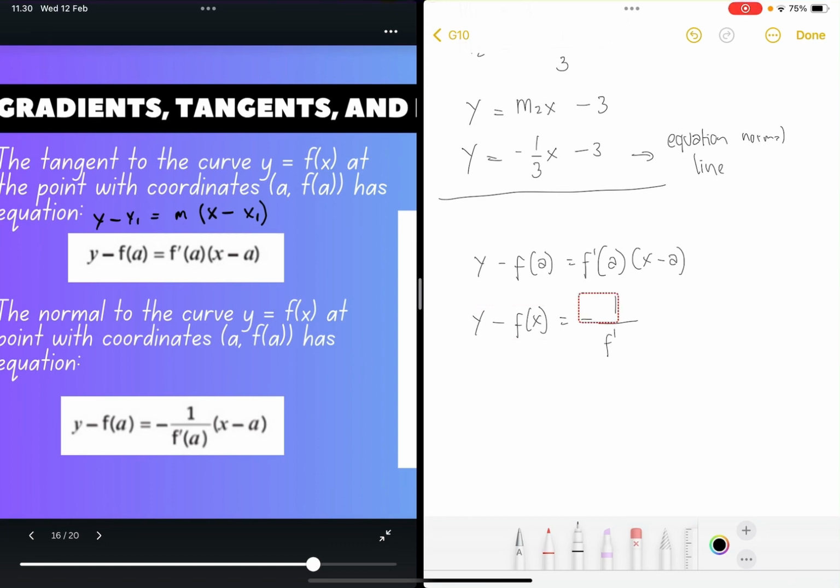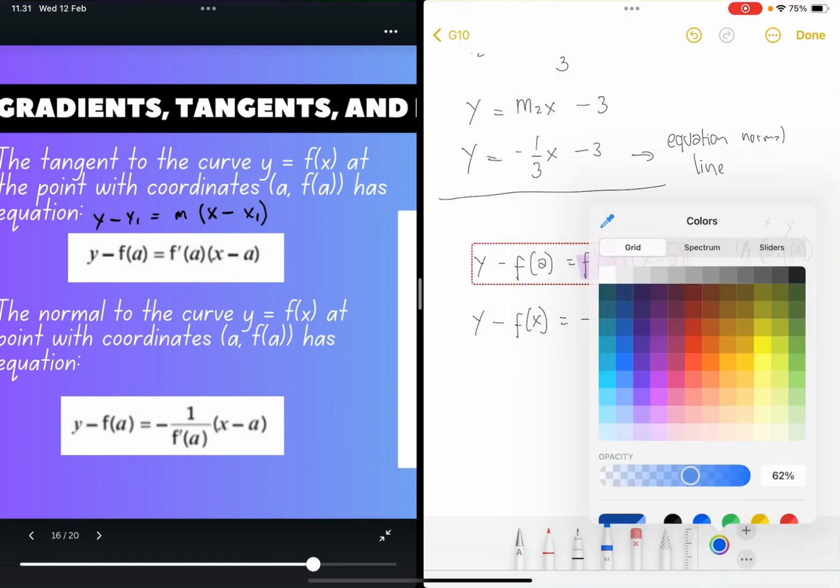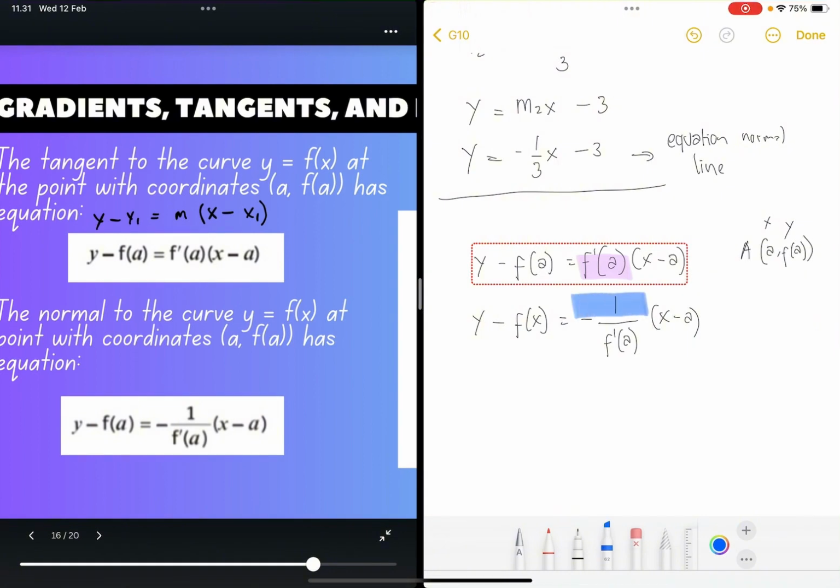The gradient will be minus 1 over f'(a), times x minus a, with the specific point a, f(a), like this. This is x, this is y. Okay, so this is the very important thing to understand. What makes them different is only the gradient itself.